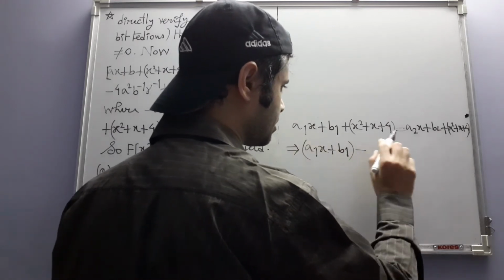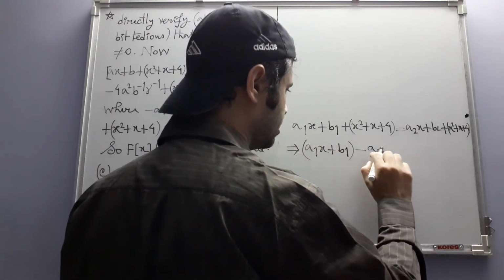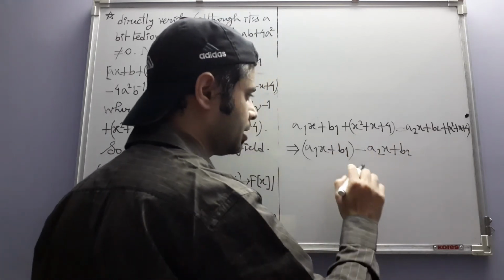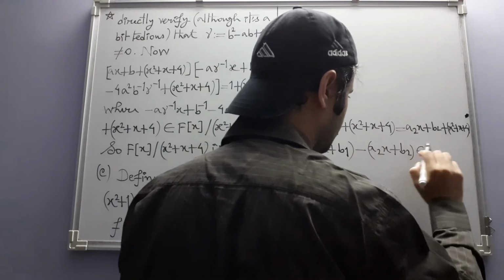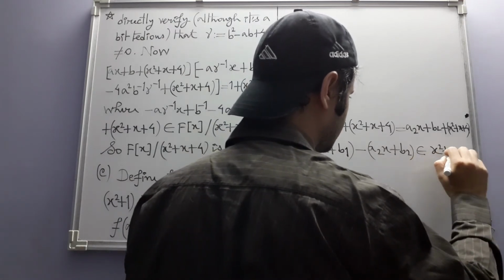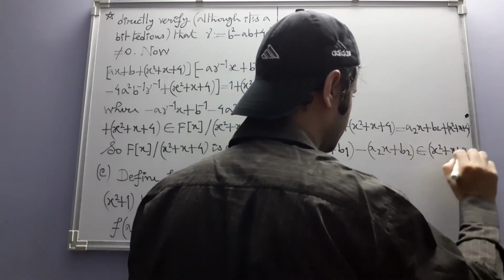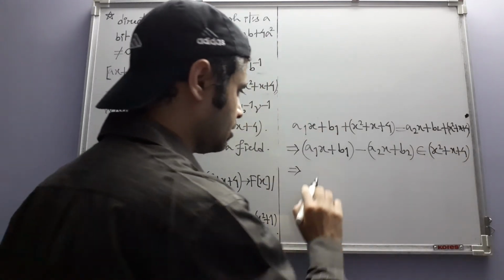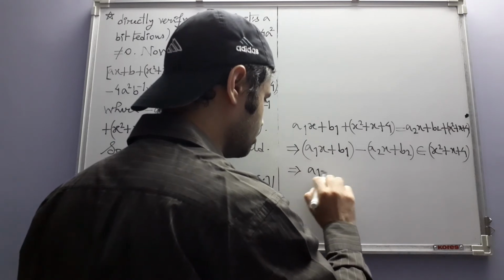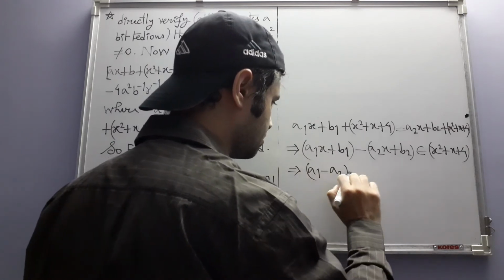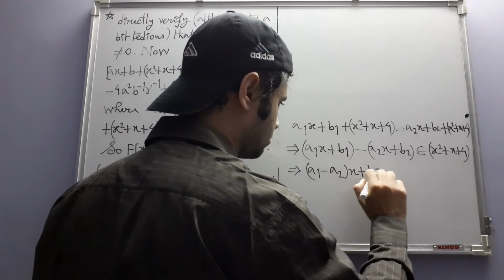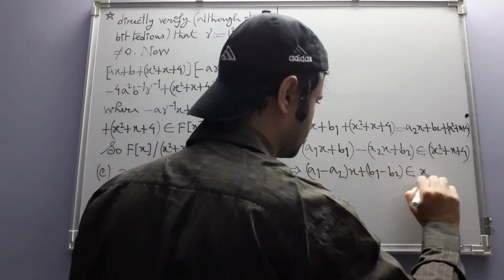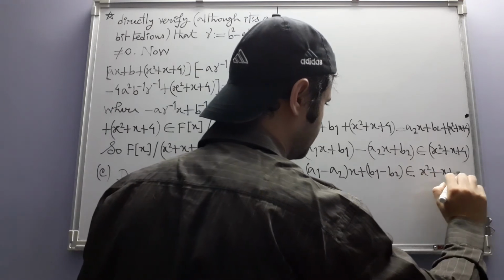When the difference of the elements that produce them belongs to the ideal, which will imply that this polynomial has to belong to this ideal.